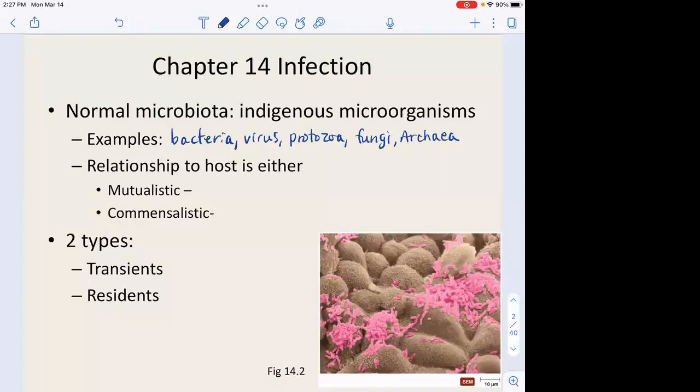Some of them may just be commensals, but a lot of them, like I said, we probably have more of a mutualistic relationship. So a mutualistic relationship is one where both organisms benefit.